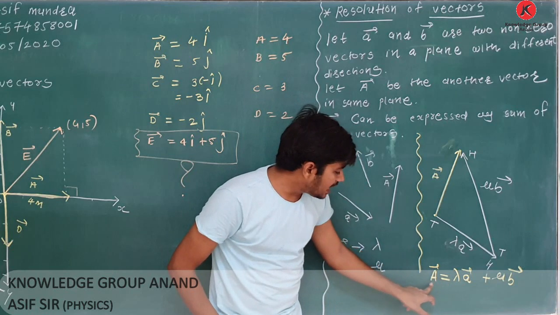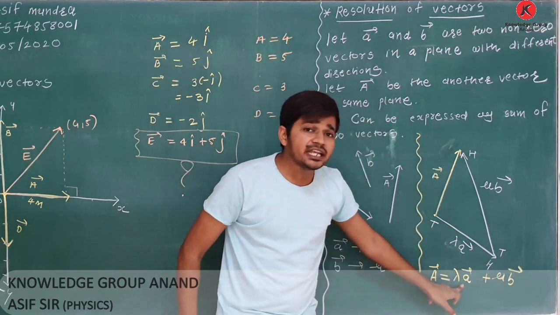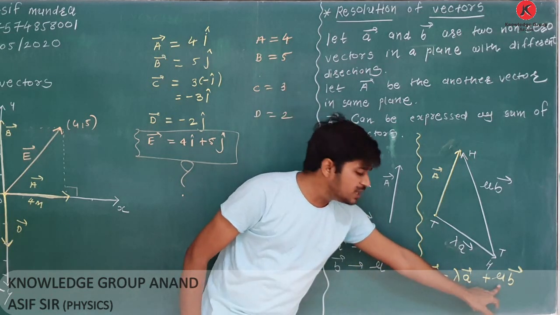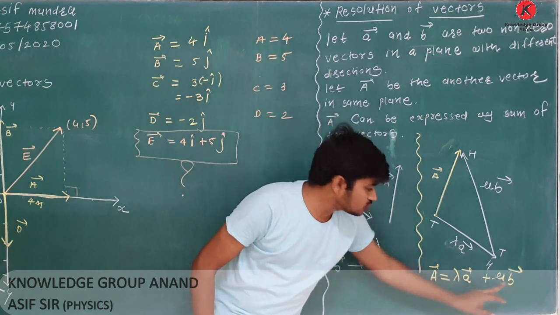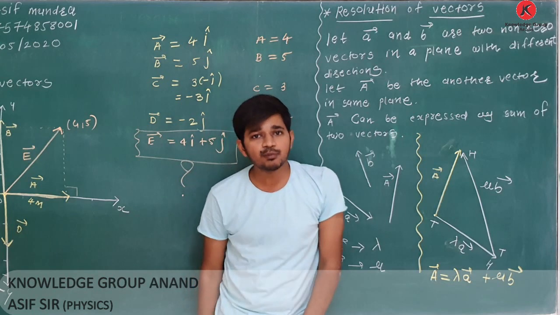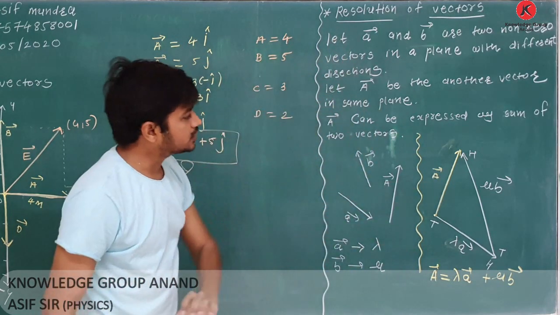And see, A is equal to lambda a plus mu b. So lambda a is called a component of vector A. Mu b is called a component of vector A. These two are resolutions of vector A. Clear about this? So what is the meaning of resolution of a vector?